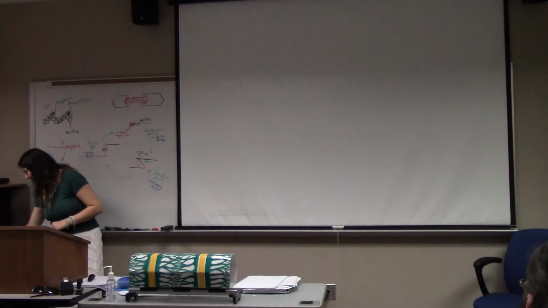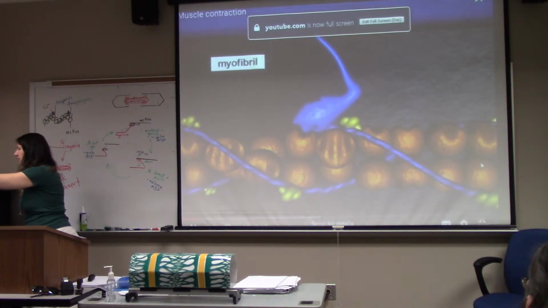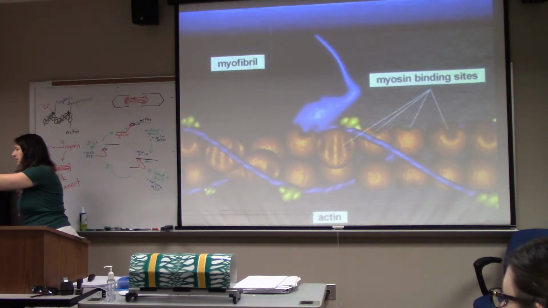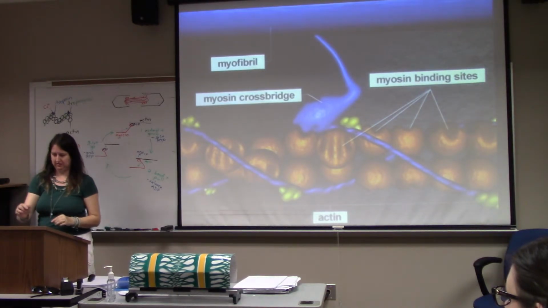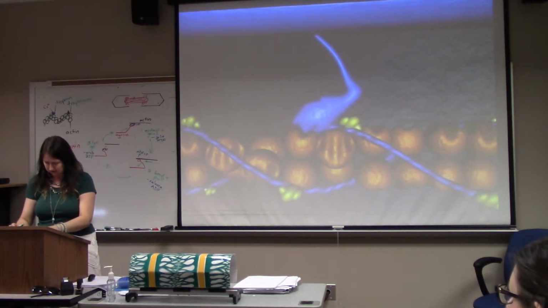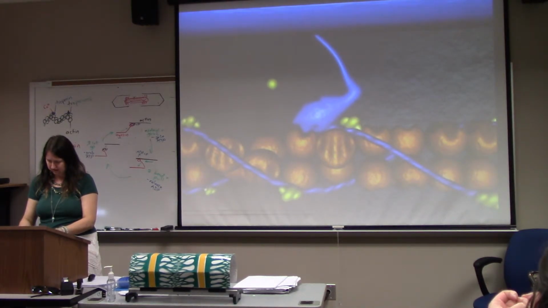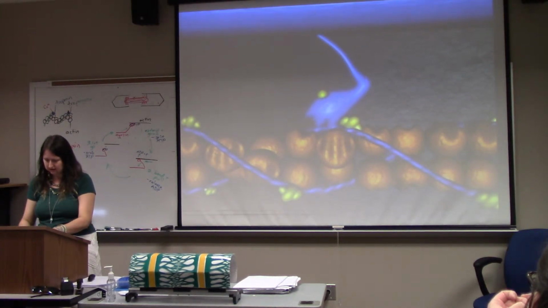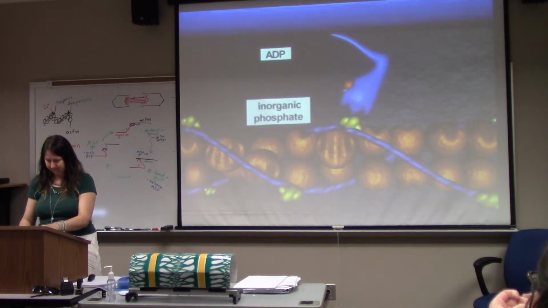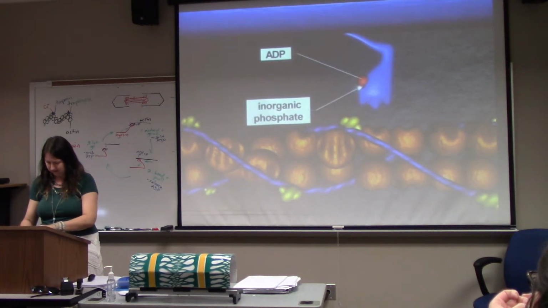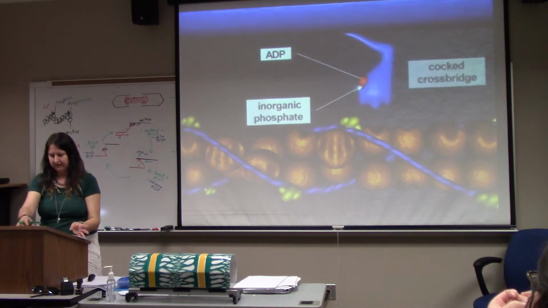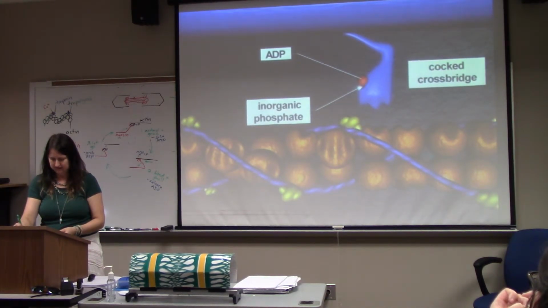With calcium elevated around the myofibrils, myosin binding sites on actin are exposed, allowing interaction of the myosin cross bridges with actin. Release of the myosin cross bridge from actin requires binding of ATP. After ATP binds, it is split to ADP and inorganic phosphate. The energy derived from this reaction is utilized to cock the cross bridge in preparation for the power stroke.